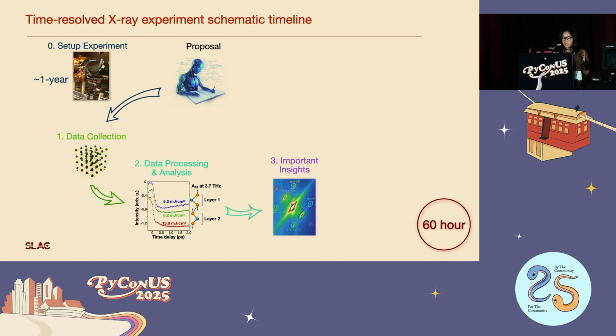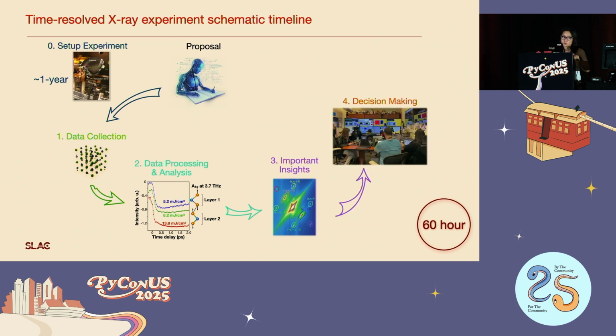And then it produces hundreds of terabytes. We have to do a lot of data processing, and up until this point, due to the limit in computational time, we can only look at 10% of data in real time. And then from there, we extract important insights and make decisions. It typically involves a lot of people, and the whole thing from step 1 to step 4 has to be done within 60 hours, over 5 days, so 12 hours for each.